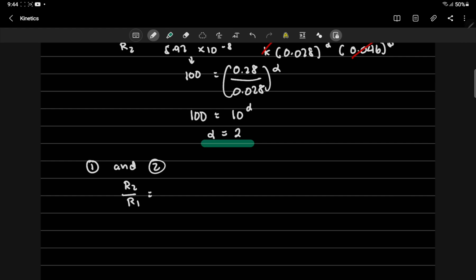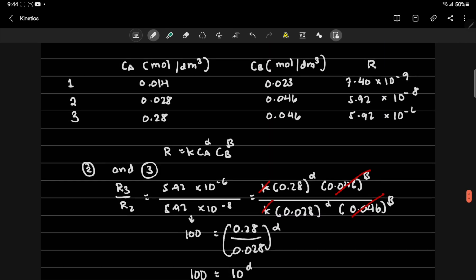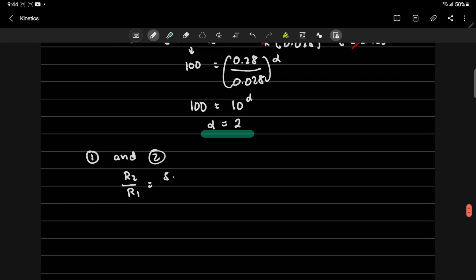But for R2, according to our table here, that's equal to 5.92 times 10 raised to negative 8. The other rate, which is R1, the value that we obtained from the experiment is 7.40 times 10 raised to negative 9. So for R2 first, we have K times the concentration of A is 0.028. Just have to consult the table once again. Raised to alpha. And then the concentration of B is 0.046 raised to beta.